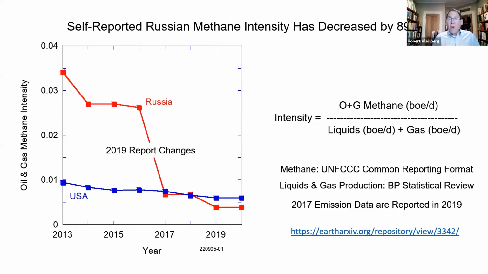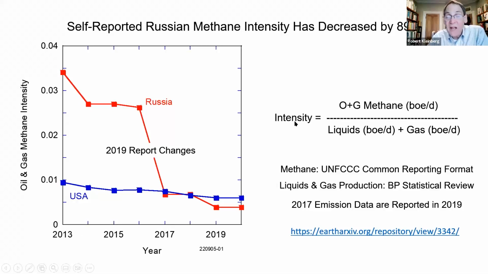Okay, so where does this leave us? Well, let's compare what Russia has been reporting to what the United States has been reporting. So this is a chart of emission years since 2013. The report comes out 2 years later. On the vertical axis, I've plotted oil and gas methane intensity versus year.